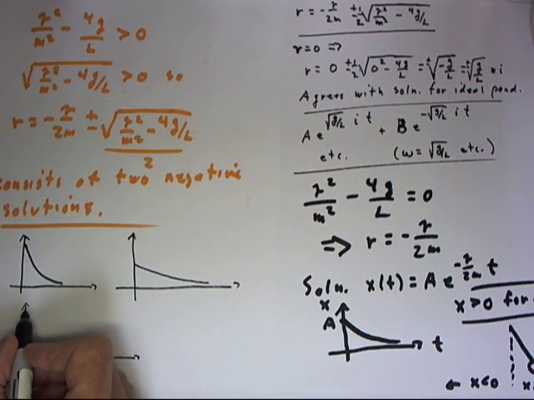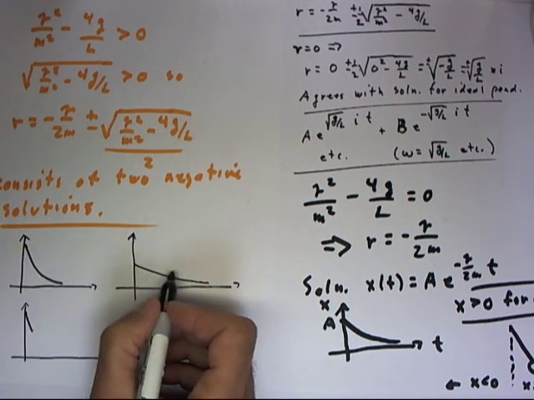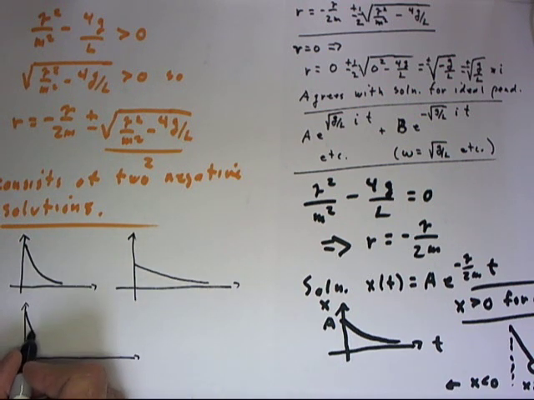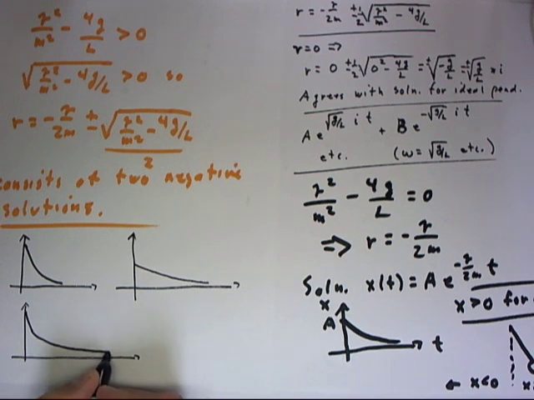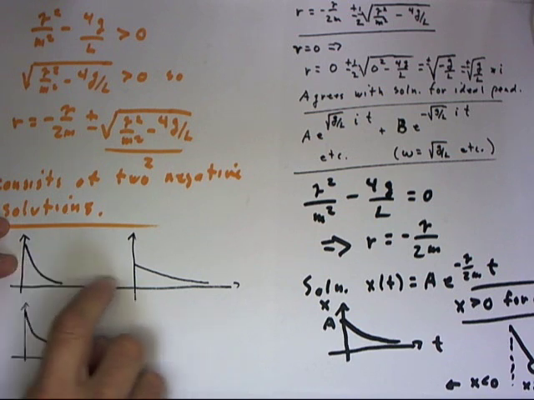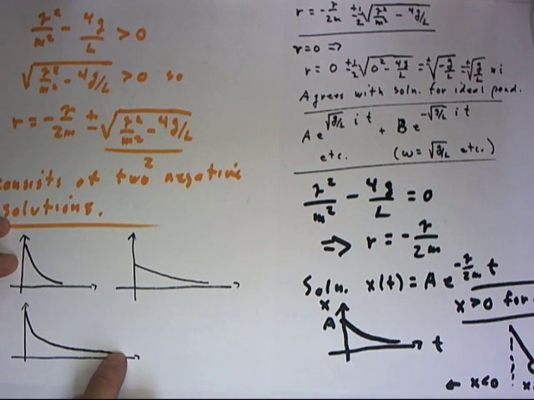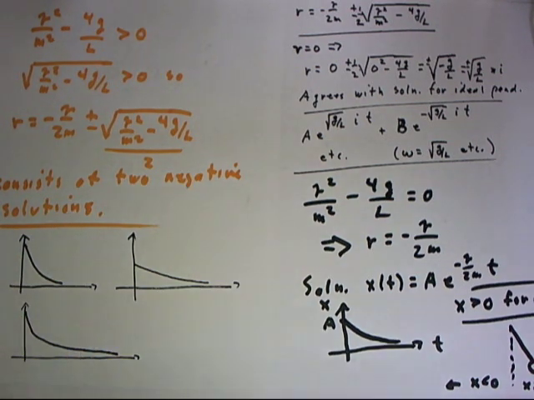But it's really going to begin to decline more rapidly according to this, and then the decline is going to be more gradual as a result of this solution. Depending on the initial conditions, we might have more of this solution and less of this, or more of this and less of this. And we're going to have a lot of variety in the kind of solutions that we can get, but they're still always going to have the characteristic that they asymptotically approach 0.